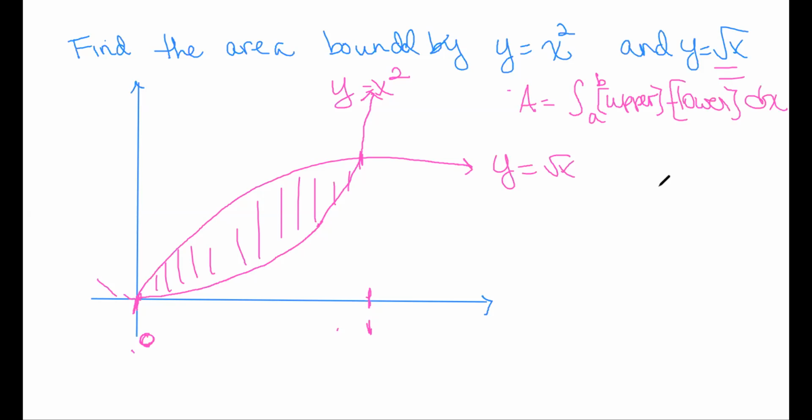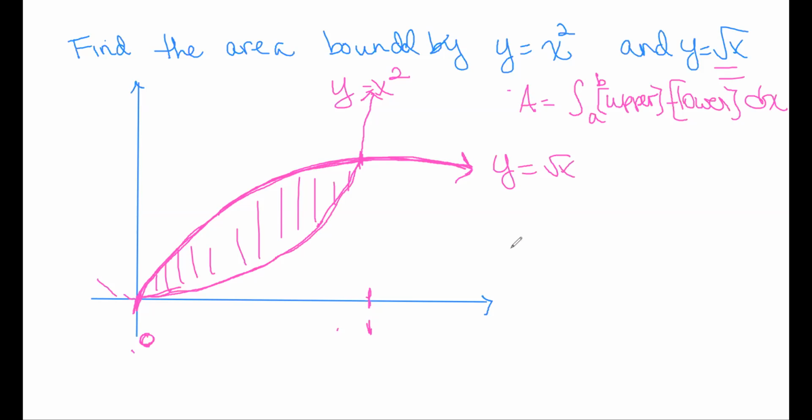dx. So the upper function here, you might think it's y equals x squared, maybe because I wrote it first, maybe because you just think that that's going to give you more positive numbers. But if you look at the graph, this is actually the upper function. And this is underneath, so this is the lower function.